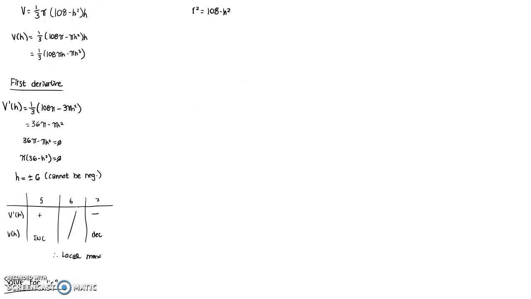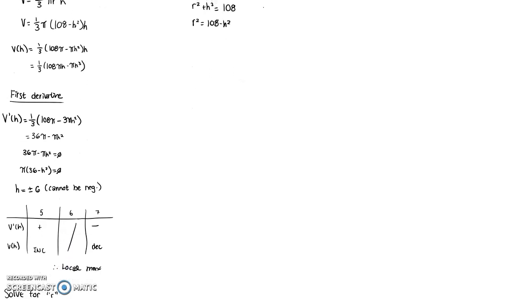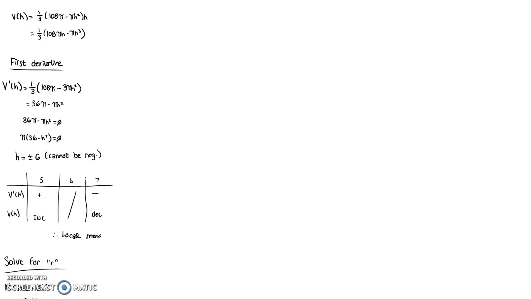I wanted to see what h was, and then determine if it's a local max or a local min, and make sure it's a local max. So I took the first derivative, which ended up being 1/3 times (108 pi minus 3 pi h squared). When I multiplied the 1/3 in, I ended up getting 36 pi minus pi h squared.